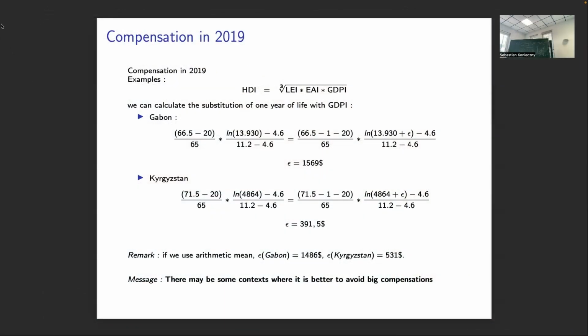You don't agree with the weights, maybe. Or maybe you don't agree with this axiom that Denis really insists on, this independence between criteria. Maybe you want to say that if I have a poor country, then I should put more weight on life expectancy.